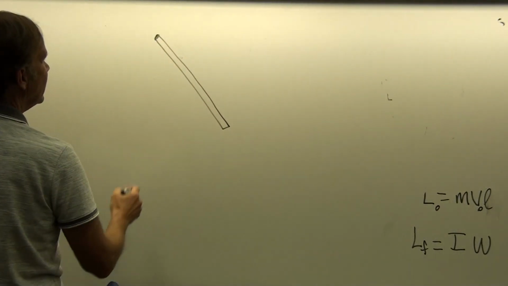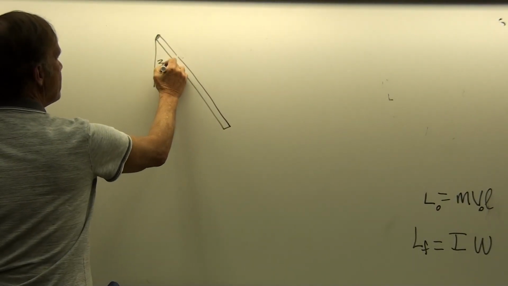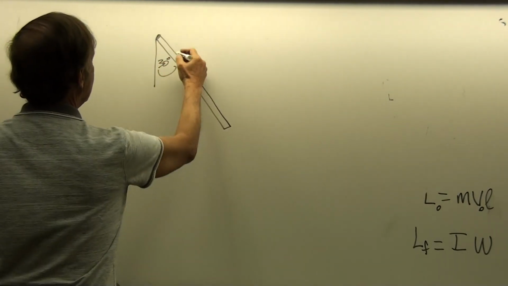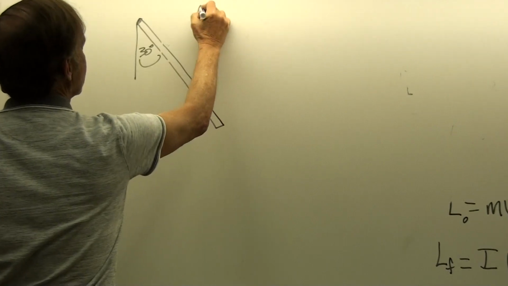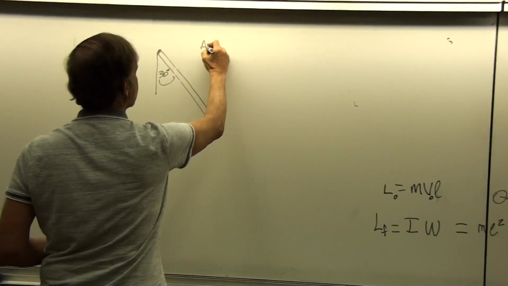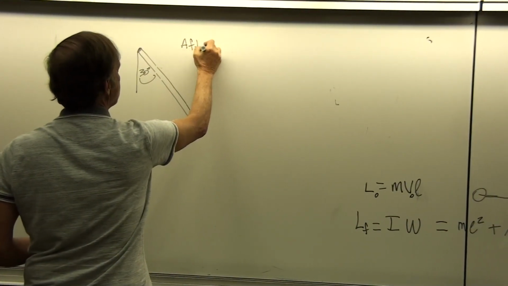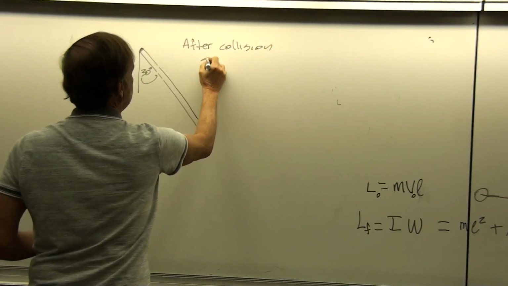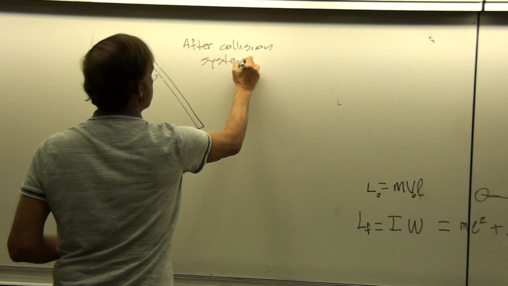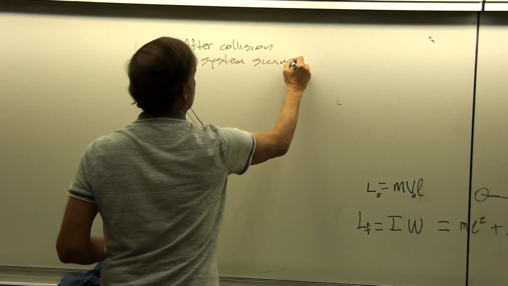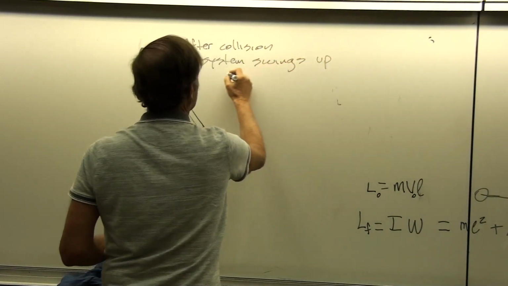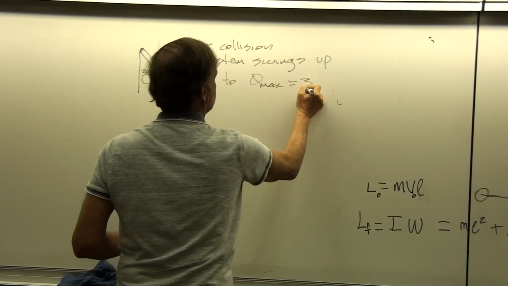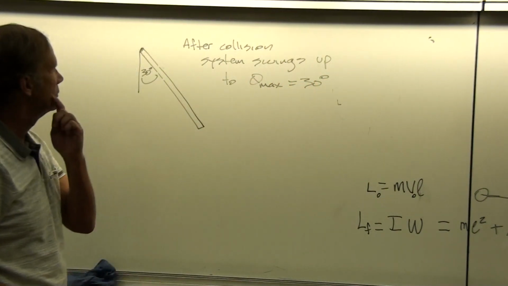So we use conservation of angular momentum during the collision, and then after the collision, the system swings up to 30 degrees. And then it goes into simple harmonic motion.